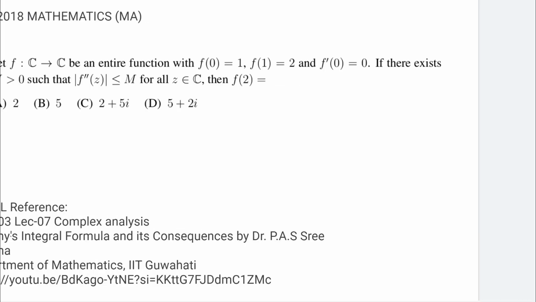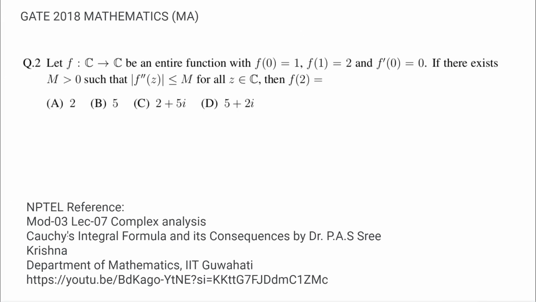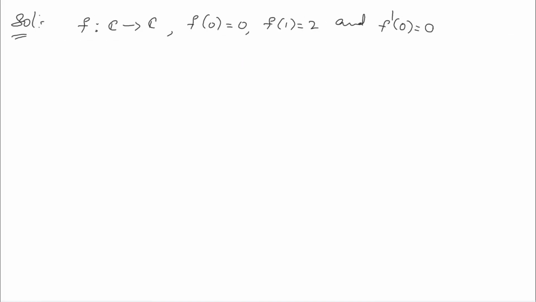So now coming to the solution, it is given that f is from C to C, f of 0 equal to 1, f of 1 equal to 2, and f dash of 0 equal to 0.